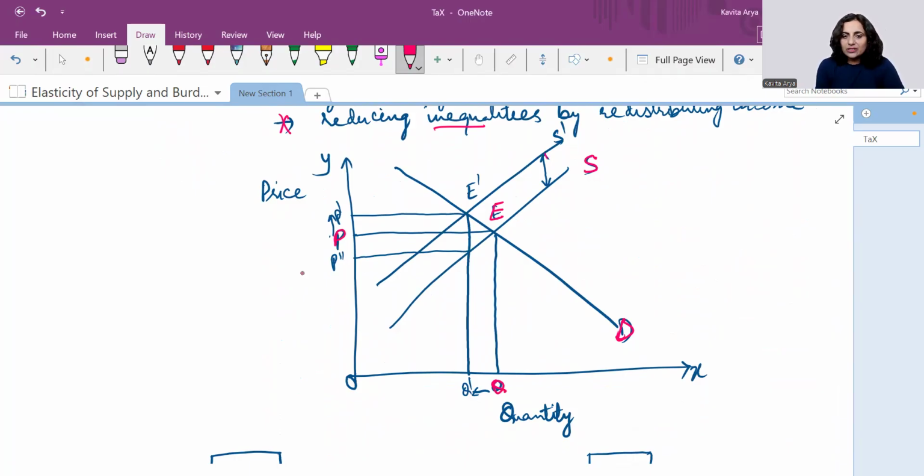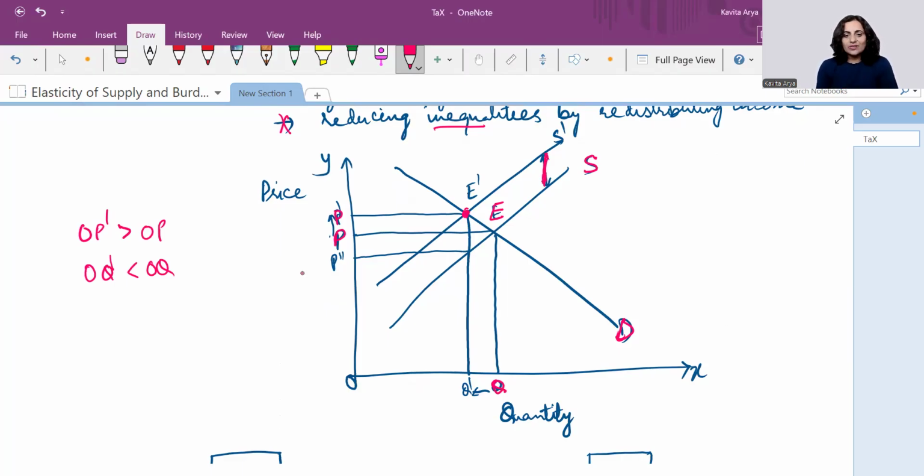So this much is the per unit tax which is imposed by the government, and the new equilibrium is here at E dash point, where on the previous demand curve the new supply curve intersects, and you have a new price OP dash, which is greater than OP, the previous price, and the new quantity is lesser than OQ, the previous quantity as determined by the free market forces. So this way the government tries to control the market failures, right?